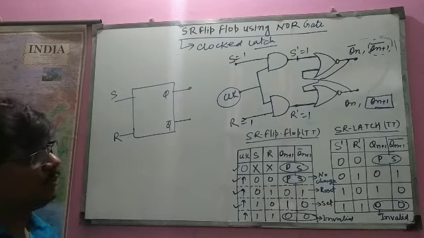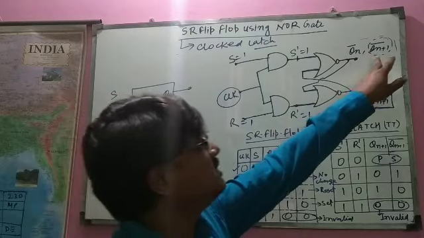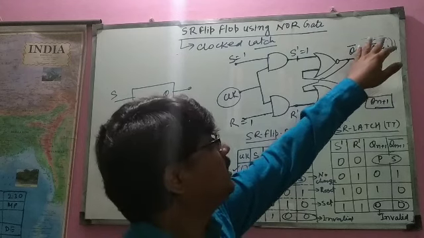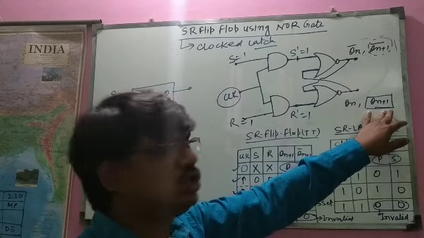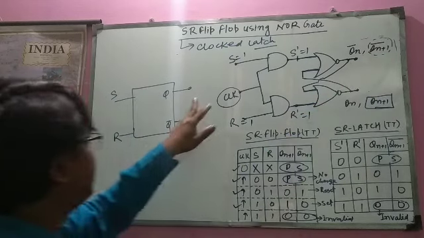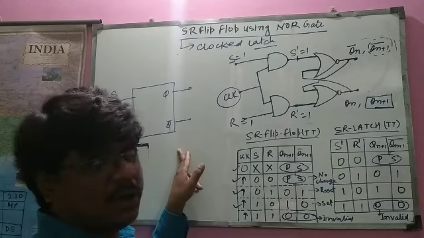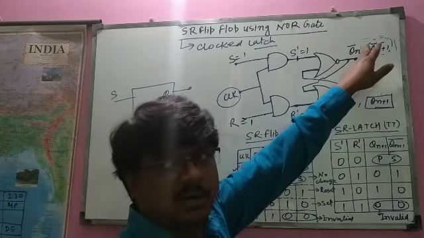One thing we have to be very clear about while designing: this Q bar will be on the upper side and this Q will be on the lower side. This is the complemented variable, here it is on the down line and there it is on the up line.